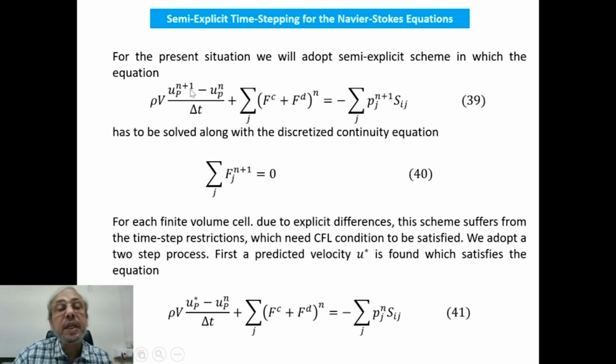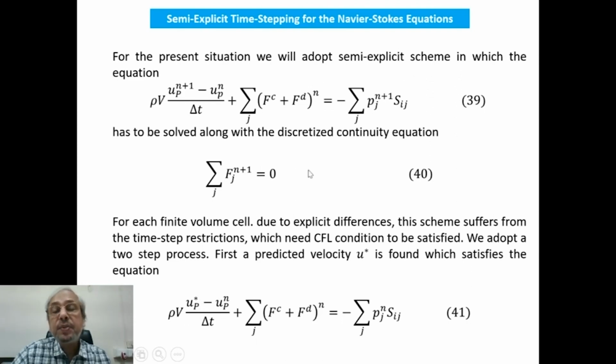That means at the next time step, up n plus 1 has to evolve, but since we are not using pressure at the n plus 1th level, we are getting velocities which we call provisional velocity, identified by the star mark.